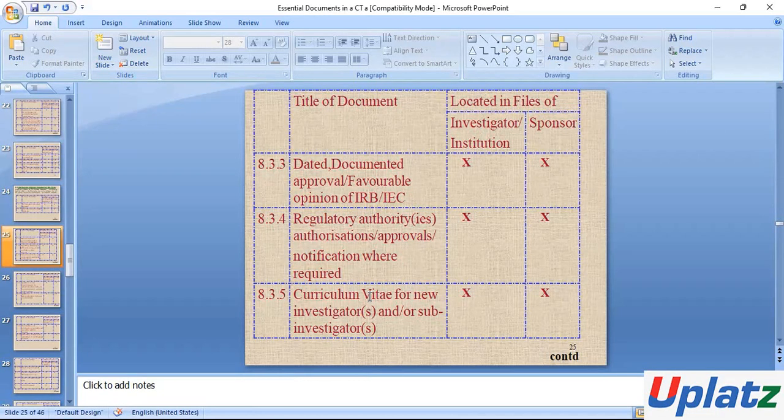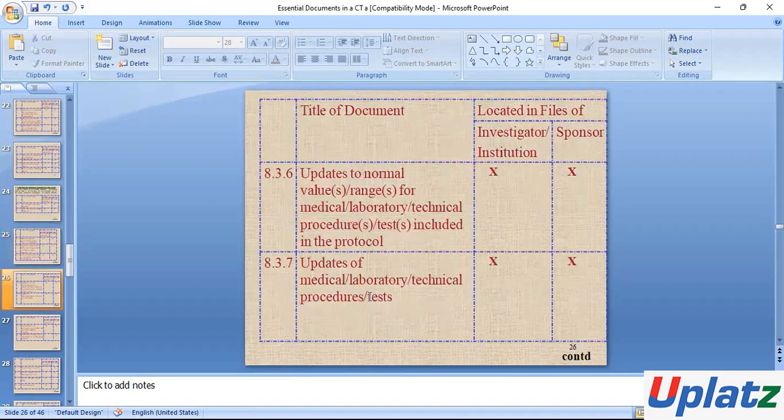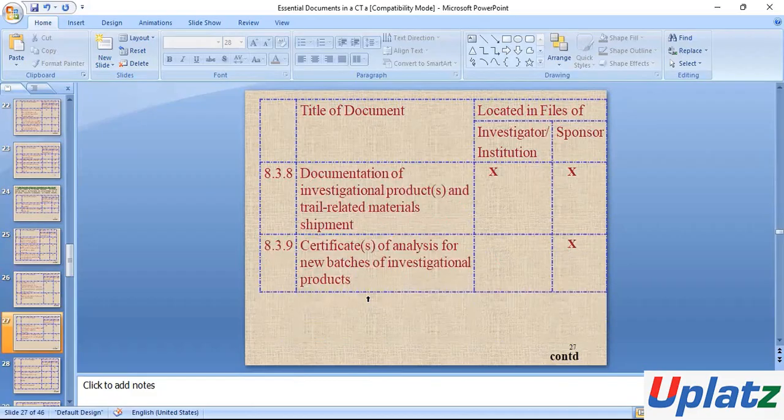If there is an electronic trial master file, you will upload it, or if it is paper format, you will create new documentation. Now, updates to normal value ranges, and updates of medical laboratory technical procedure tests. If there are any updates during the course of the trial, you will have to upload the updated versions.